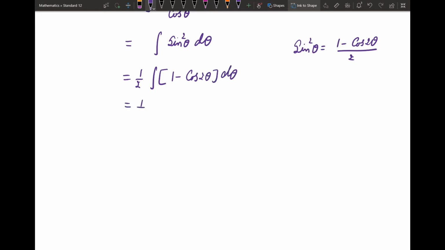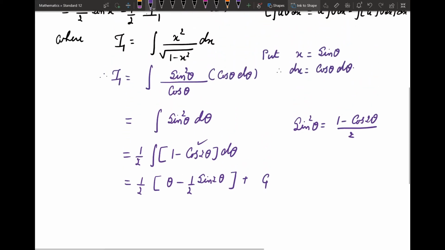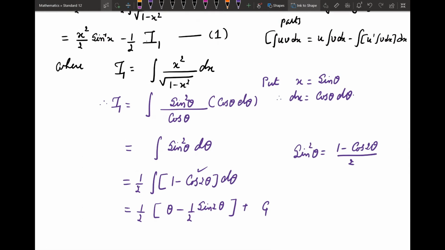Now term wise we can integrate: 1/2 of integration 1 d theta, that is theta, and integration of cos 2 theta is sin 2 theta upon 2, plus constant of integration, say c1.